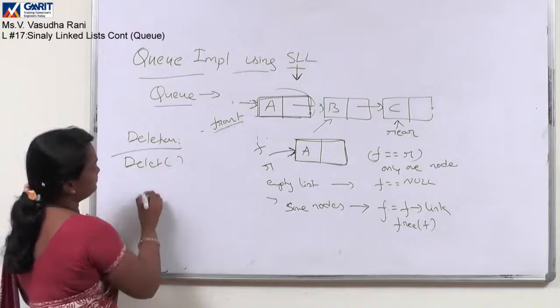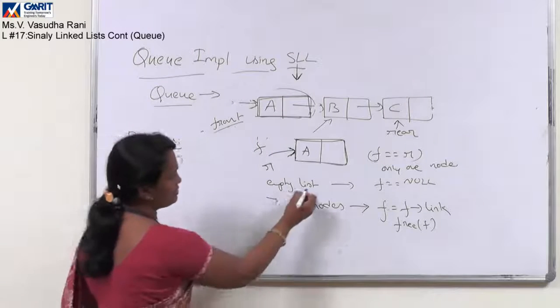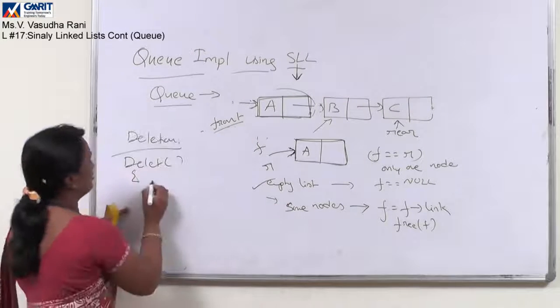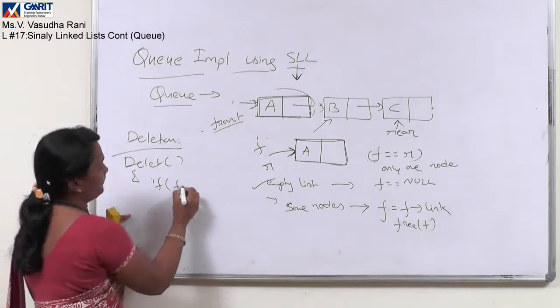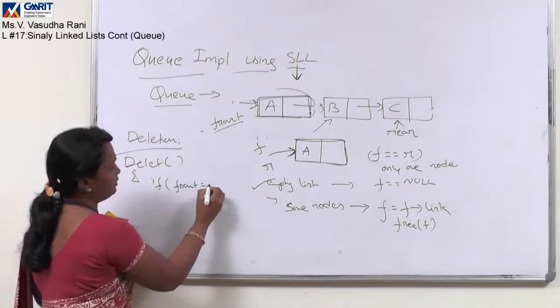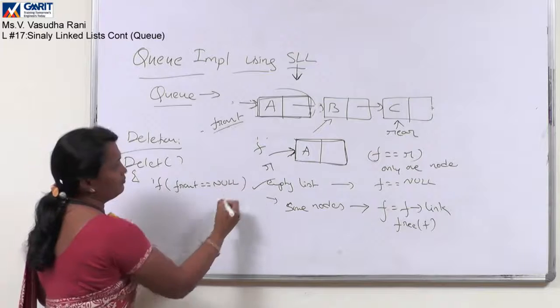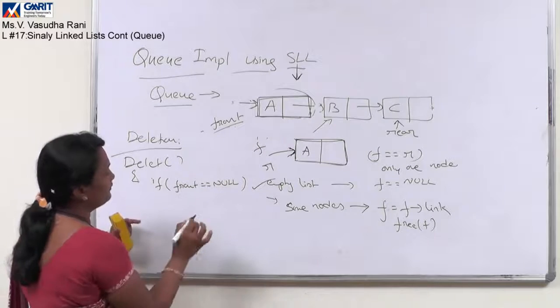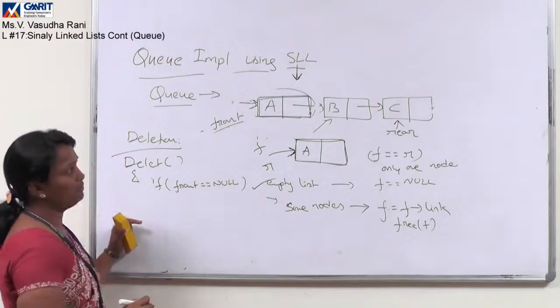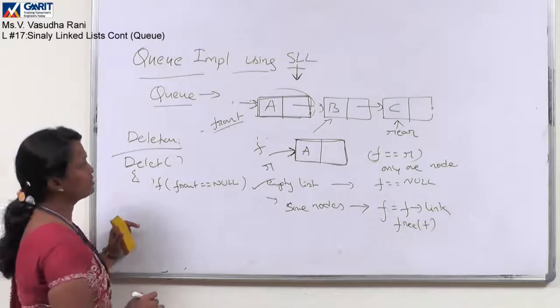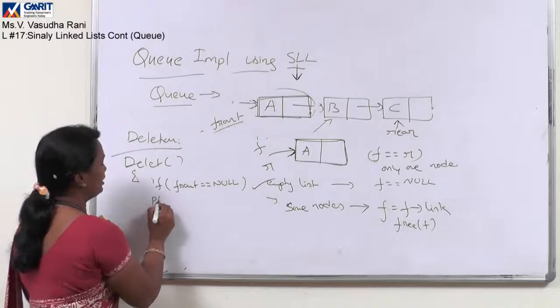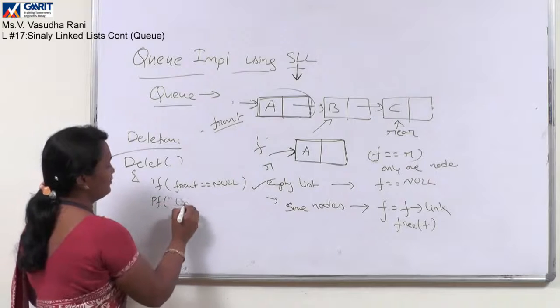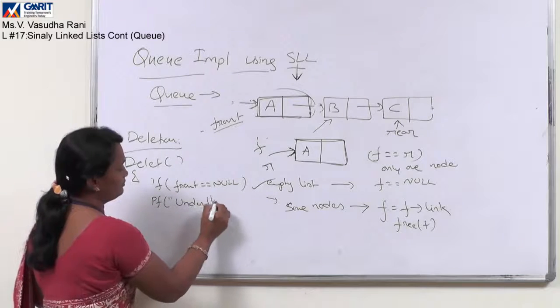First, if you see this empty list case, if front equal to null, your queue is empty, it shows the condition of underflow, there is no possibility to delete, so you can go for printing a message that is underflow.